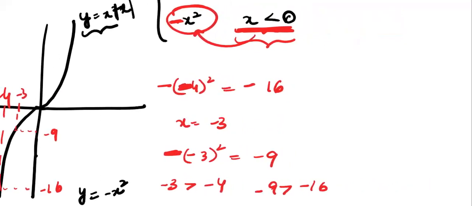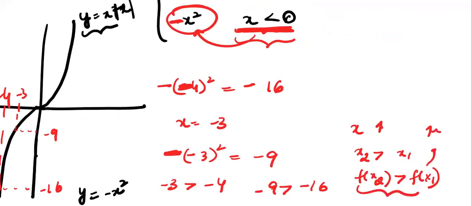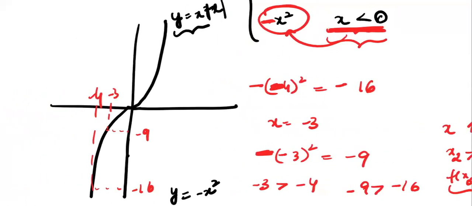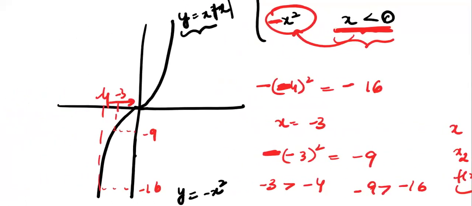So when x is increasing, when x2 is greater than x1, f of x2 is also greater than f of x1. This is an increasing function. This is another way to check increasing function. As the value of x increases, if the value of y also increases, then it is an increasing function.